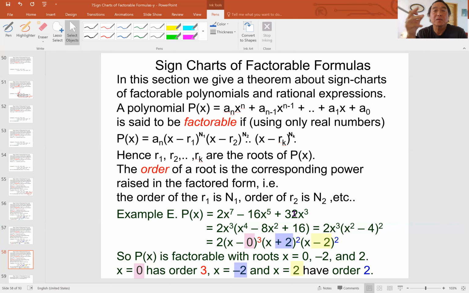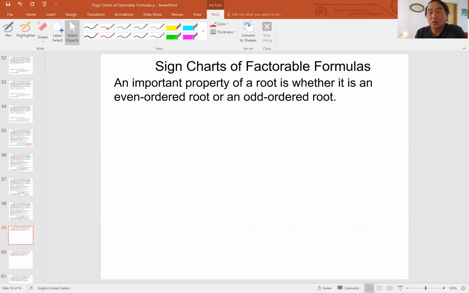So a negative number to an odd power is negative. That's the importance of the order, whether it's even or odd.